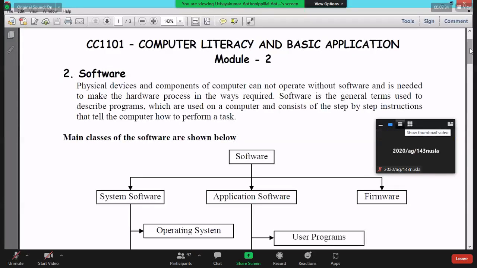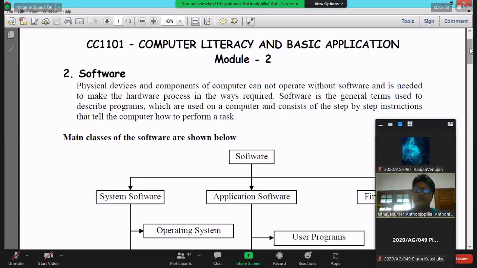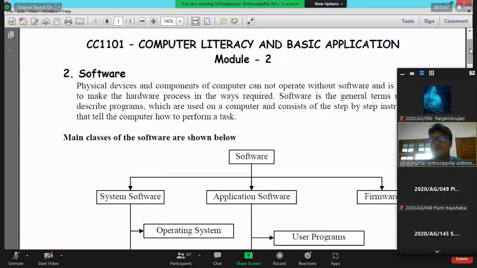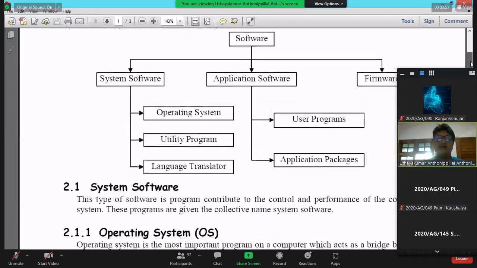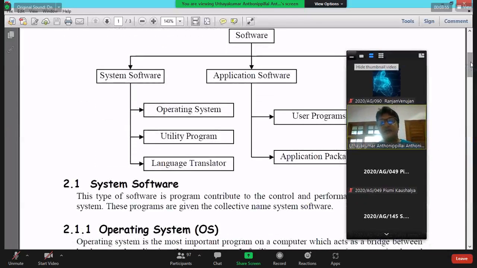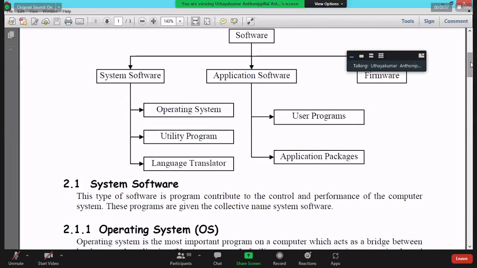Software is the general term used to describe programs used on a computer, consisting of step-by-step instructions that tell the computer how to perform a task. We can classify software into three major components: system software, application software, and firmware.